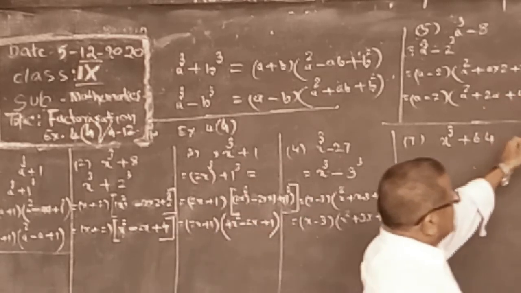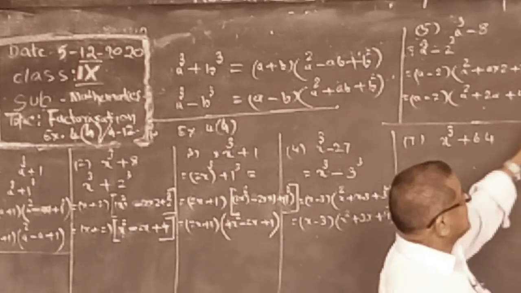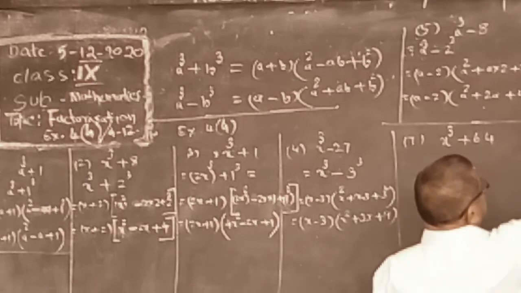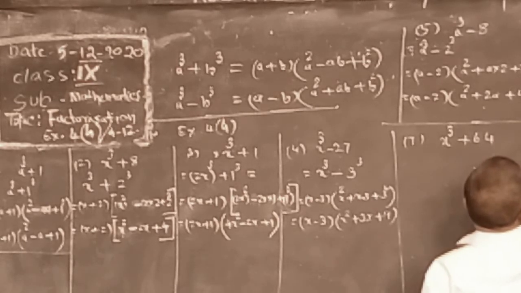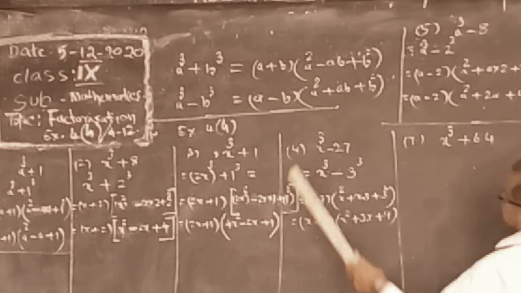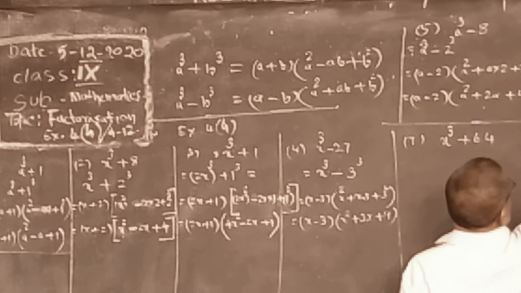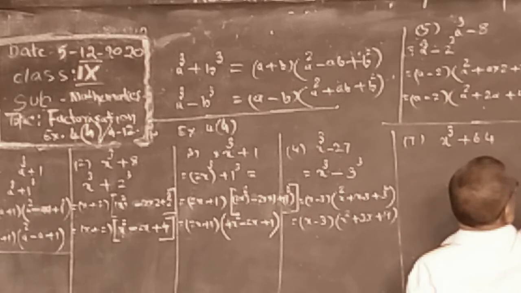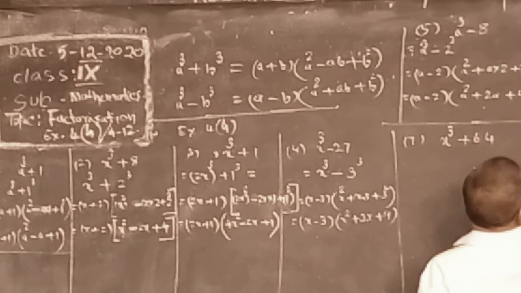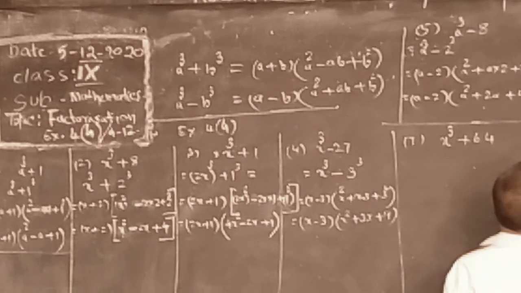Sixth, 27 is there, we know 3 cube, 8 is there, 2 cube. So this is (3m) cube minus 2 cube. It will come under a cube minus b cube. Equal to (3m minus 2) into bracket (3m) squared plus 3m into 2 plus 2 squared.